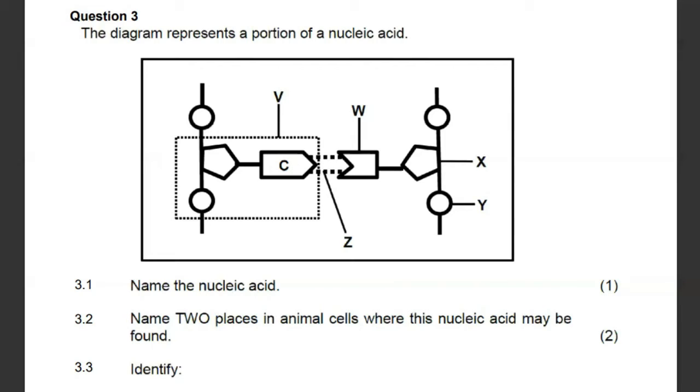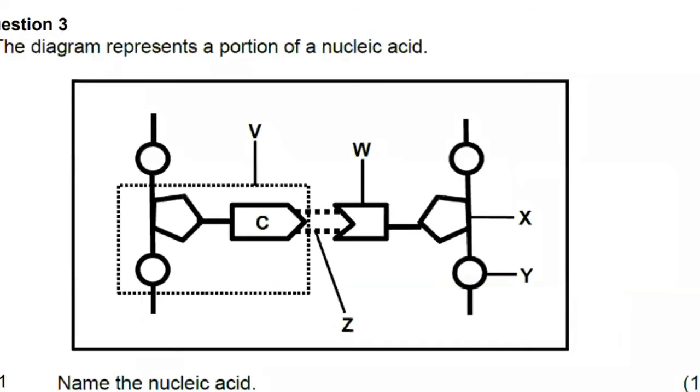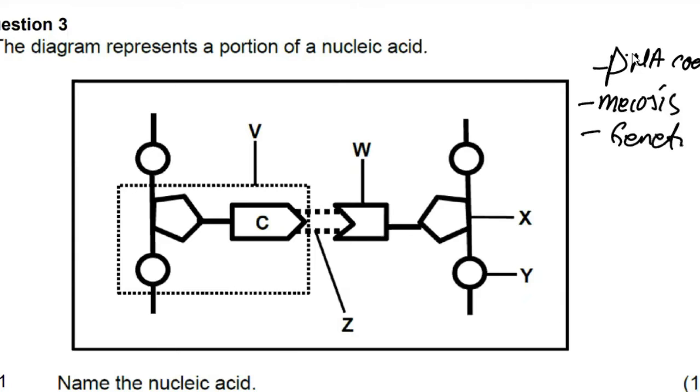Let's start with question 3. The diagram represents a portion of nucleic acids. Before I start this, don't forget that we have specific topics we are supposed to look at in paper 2. The first topic is DNA, the code of life. The second topic is meiosis. The third topic is genetics.